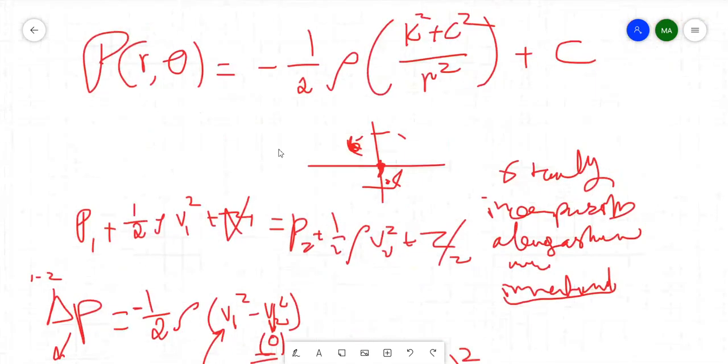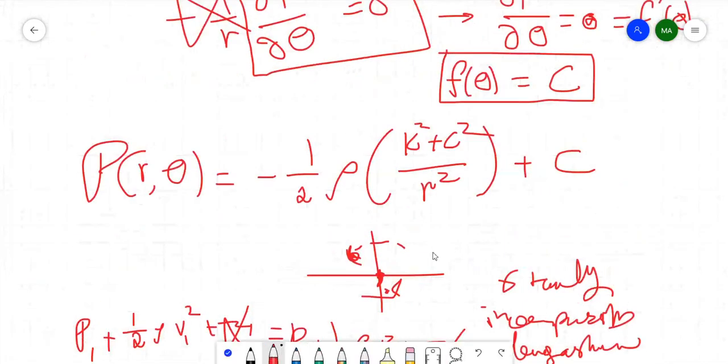So it is exactly the same thing. And now we can deduce that the C is nothing but P infinity, because substituting infinity here, you are going to end up with 0. And then this is essentially P infinity, nothing else.